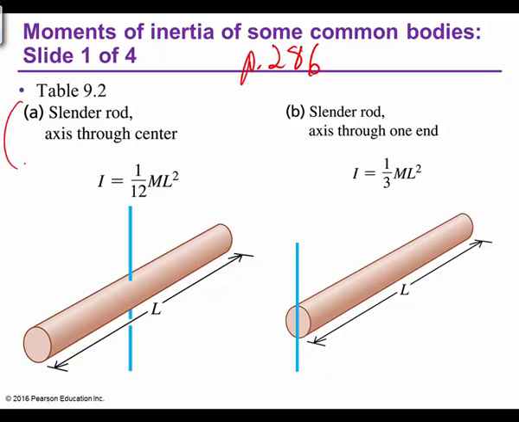So if you have a slender rod with the axis through the center, it's 1/12 the mass of the rod times the length, not the radius, the length of the rod. What if I spin it at the end of the rod, like I was talking about with the hammer in the car shredder?